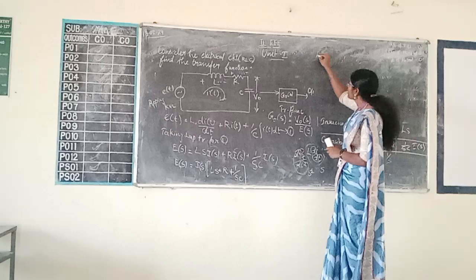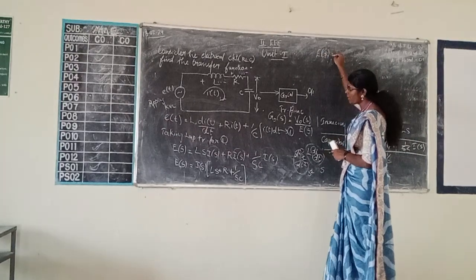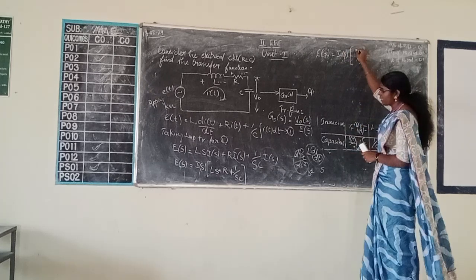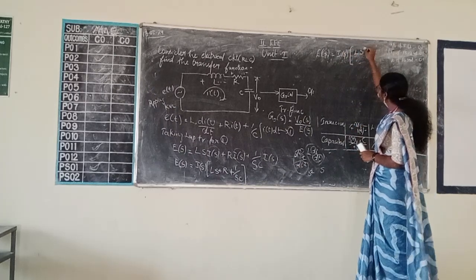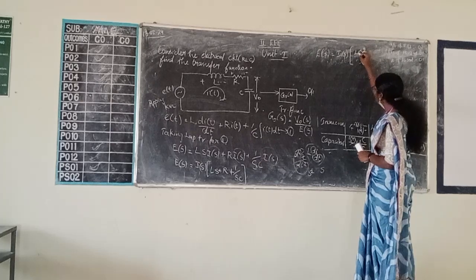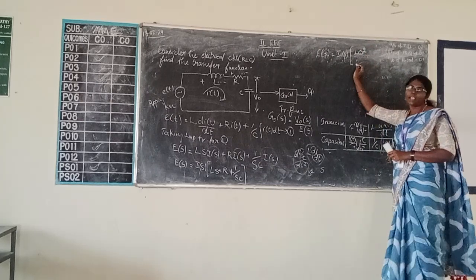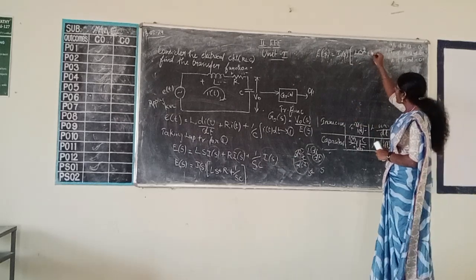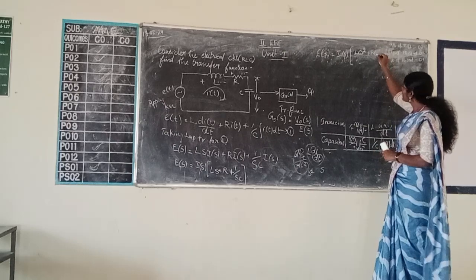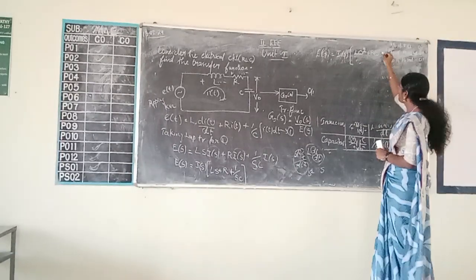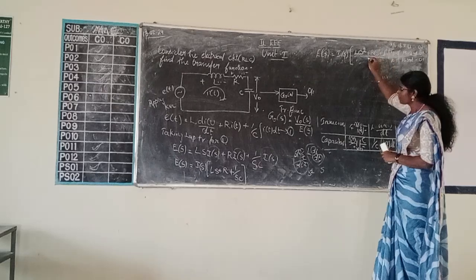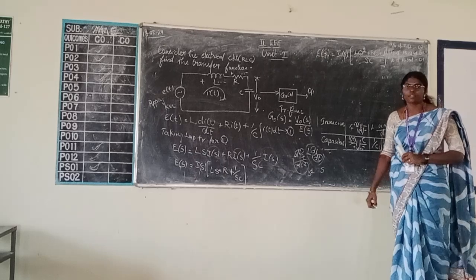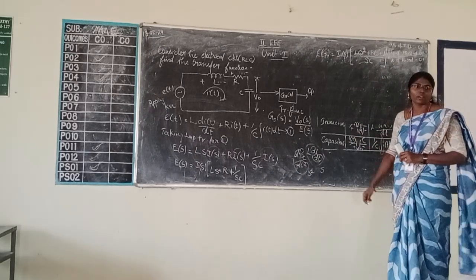So E of S is equal to I of S into LCS squared plus RCS plus 1, the whole divided by S into C. This is the term E of S with respect to the current I of S.